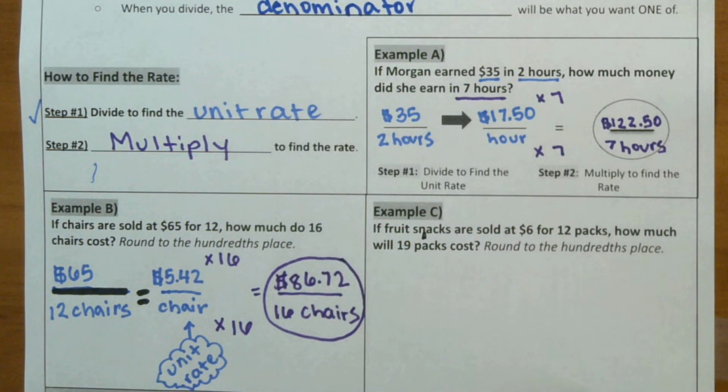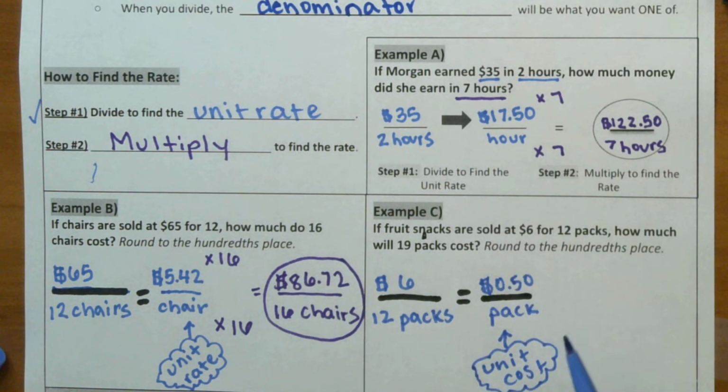Go ahead and pause the video, complete example C, and come back once you're done with example C. Here's the first thing you should have written, $6 divided by 12 packs. Then you should have it labeled 50 cents per pack. That's our unit cost.